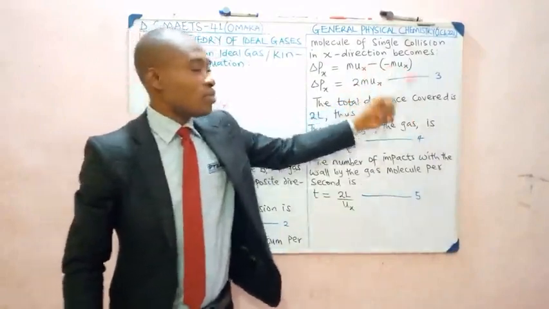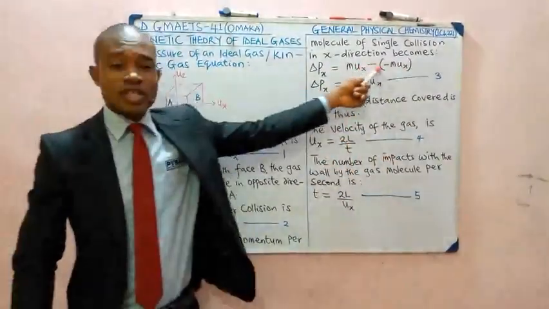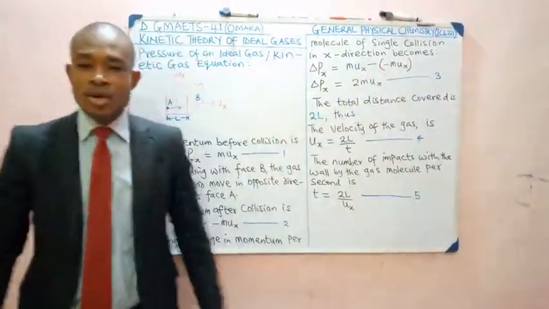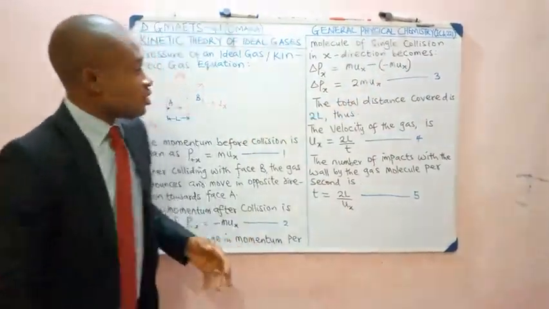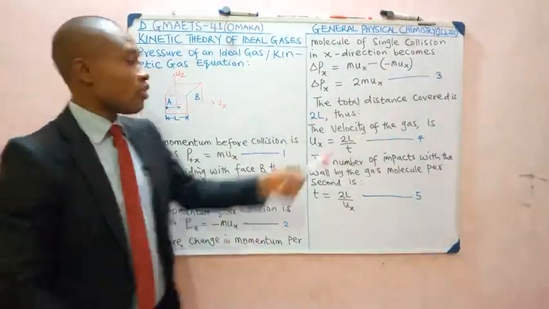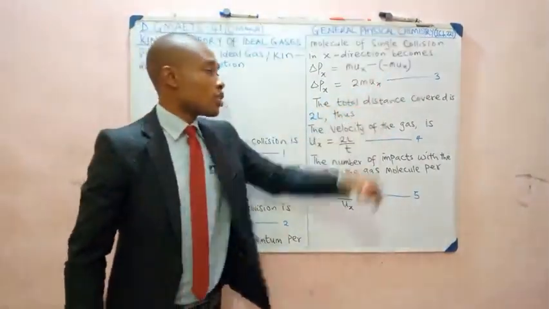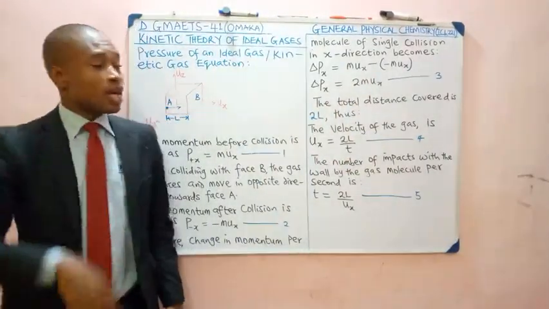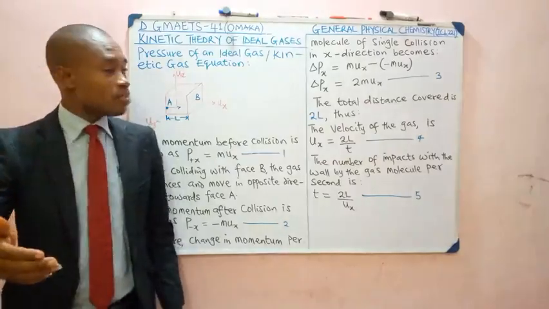This negative term multiplies out to give us positive, and then you have mu_x plus mu_x. What does that tell us? That the change in the value of the momentum is going to give us 2 times mu_x. That's 2 times the mass of one molecule of this gas times the velocity in the direction it's moving.